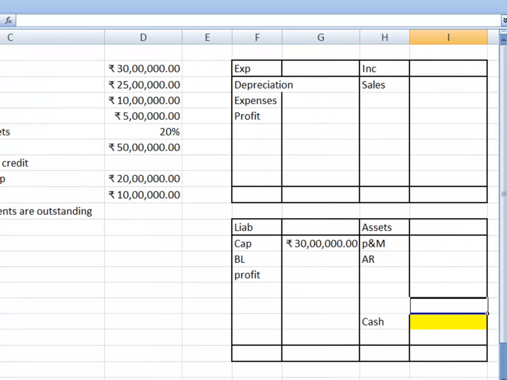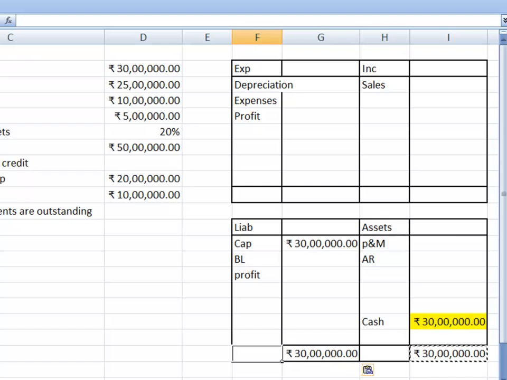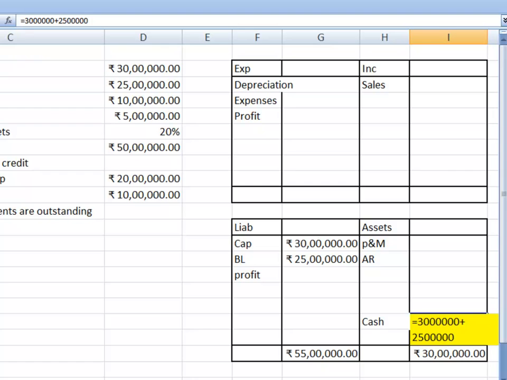Second effect, your cash is going to increase by 30. Next one is bank loan 25. Cash will be 55. Building 10 lakhs, which is an asset.